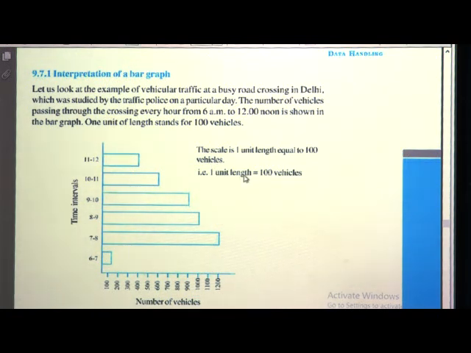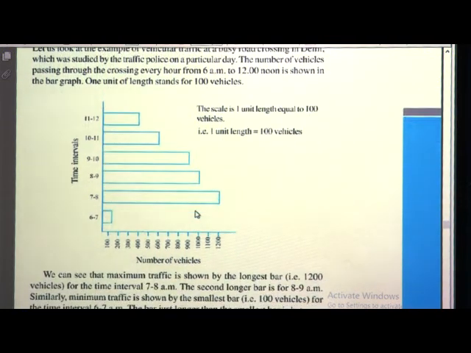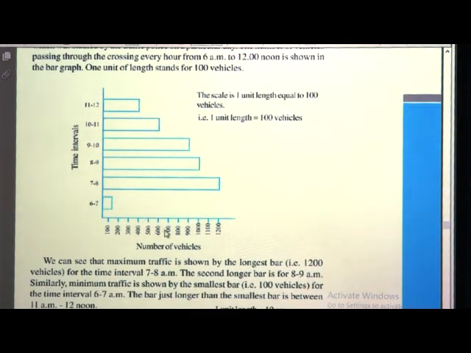So we need to represent it by using the bar graph. You can see here 100, 200, 300, 400, these are the number of vehicles, and here we have time intervals, between 6 to 7, 7 to 8, 8 to 9, 9 to 10. In this way these are the times.